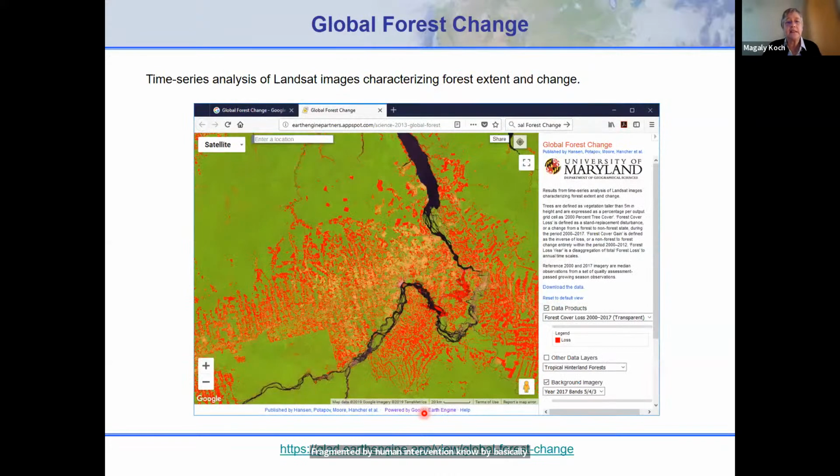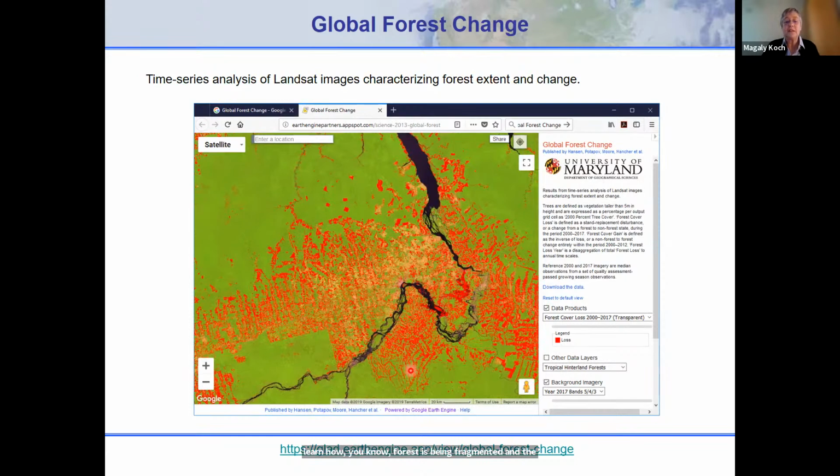And this is the other website that I wanted to share with you. That's an effort done by researchers at the University of Maryland. Some of you may be already familiar with this. And this is a portal that allows you not only to view and zoom in to these forested areas, but also learn how the forest is being fragmented and the losses.